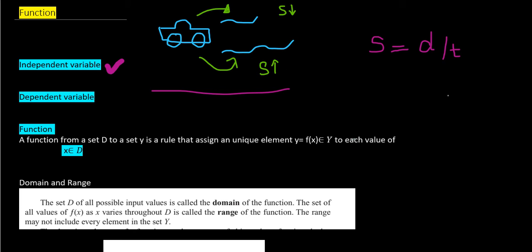So in this we can say that s is dependent upon these two independent values. So s is a dependent value and d and t, that is our distance and time, are independent variables.